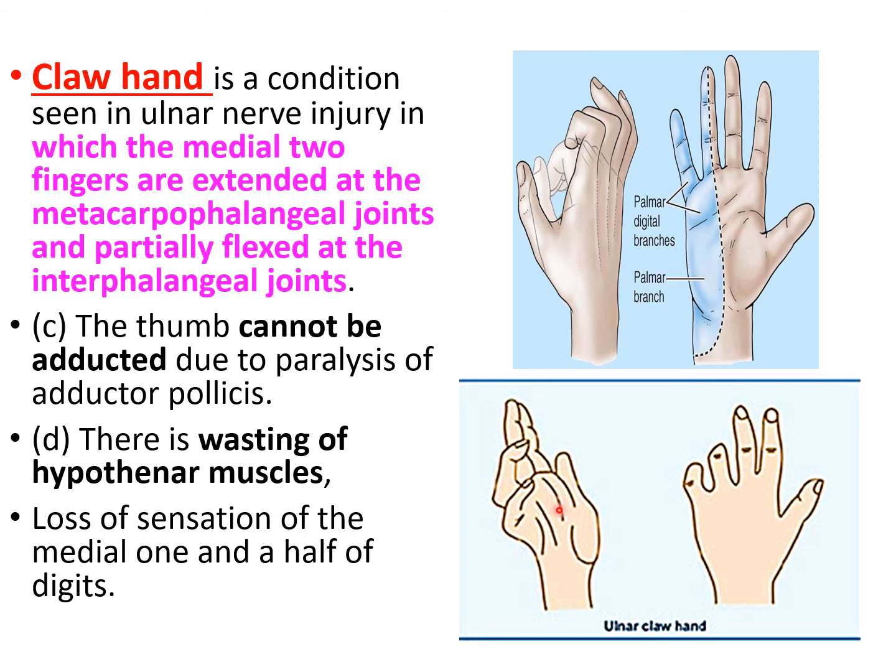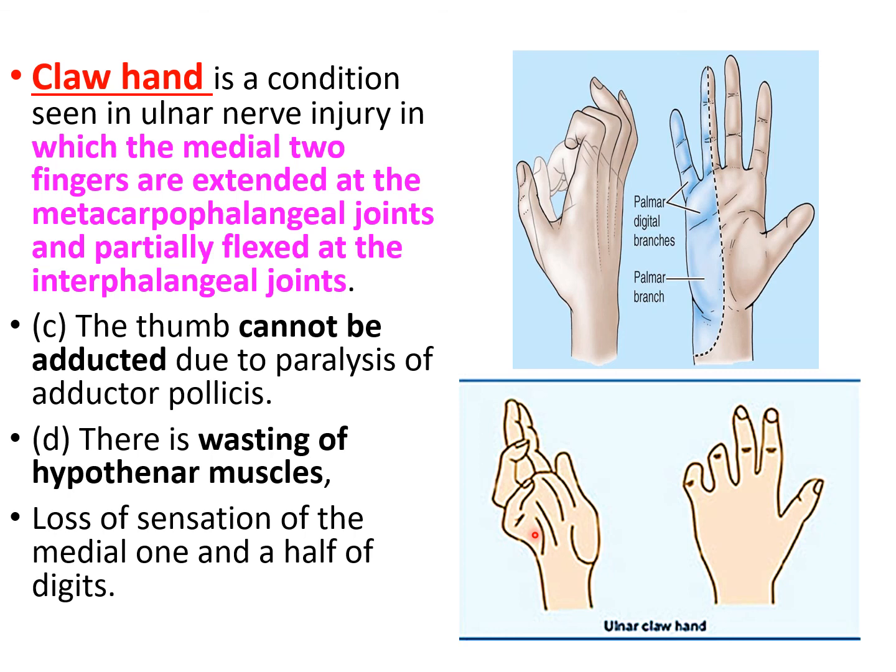Ulnar claw hand is characterized by the following signs: hyperextension at the metacarpophalangeal joint and flexion at the interphalangeal joint involving the ring and the little finger. The little finger is held in abduction by extensor muscles. The intermetacarpal spaces are hollowed out due to wasting of the interosseous muscle.